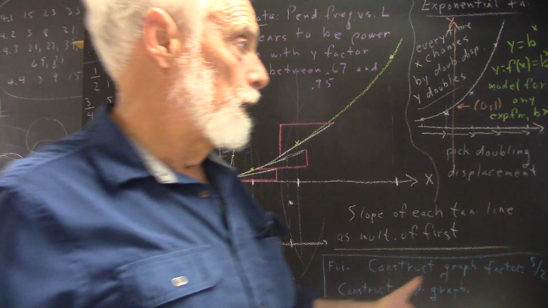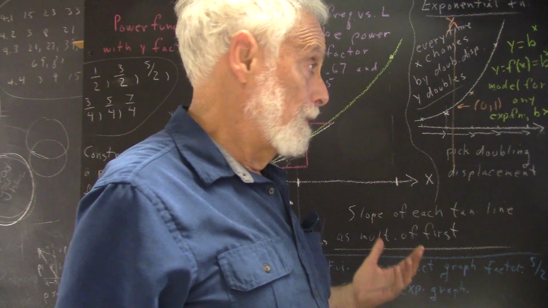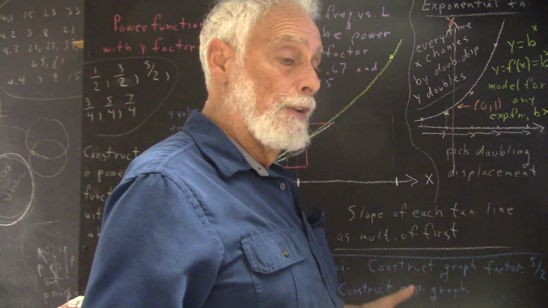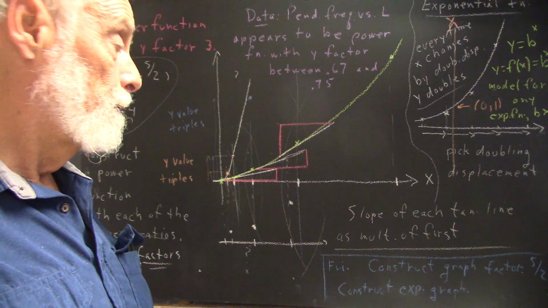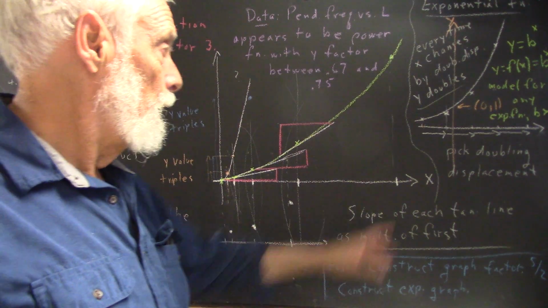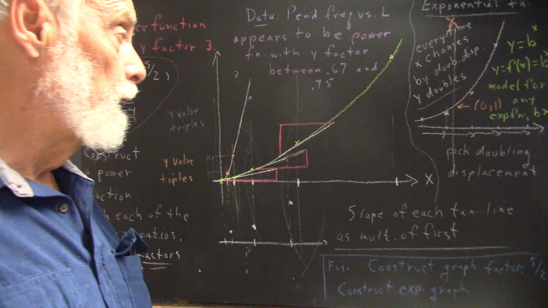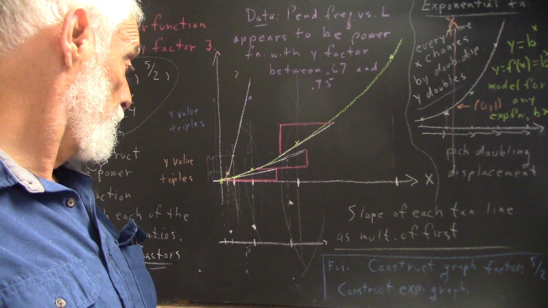Now, if b is less than 1, it's equally easy, and we'll see how to construct the exponential graph if b is less than 1. Very easy. So exponential graphs are always very easy to construct.